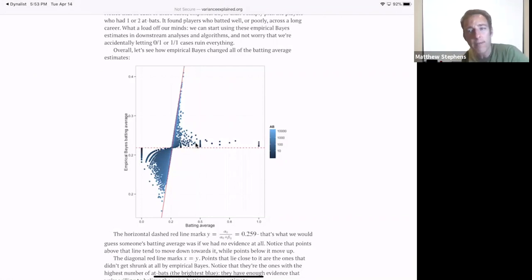You can think of this as shrinking all the estimates towards the red dotted line, and the red dotted line is essentially the prior mean. Right? That is what we would guess someone's batting average was if we had no evidence at all, if we had no data and we only used our prior.